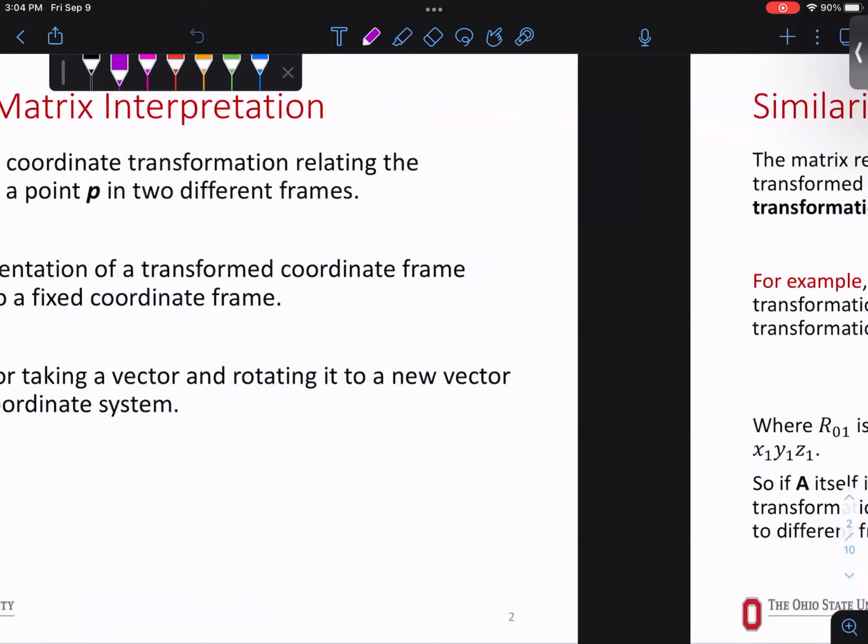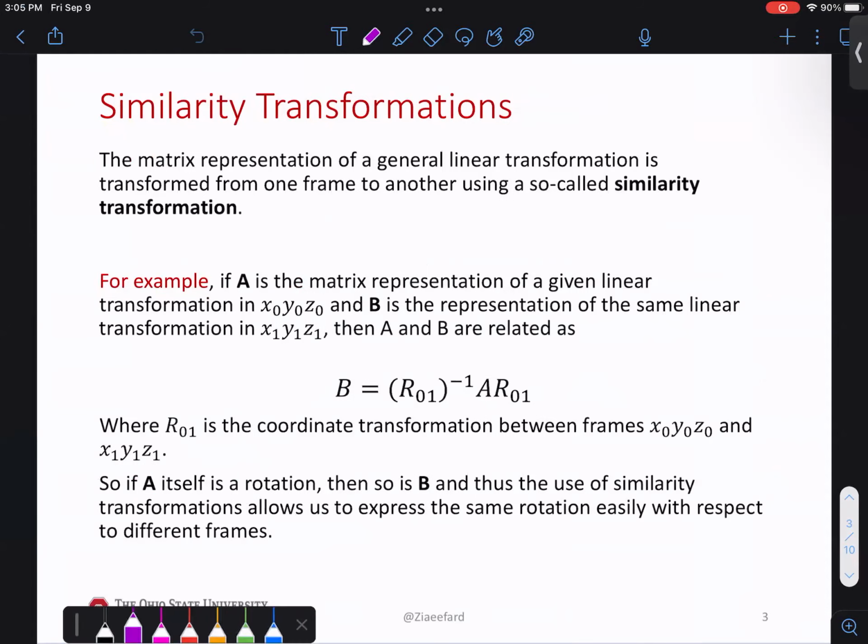Now, the other concept that is interesting and very useful in the use of rotation matrices is called similarity transformation. It basically means that if you have a linear transformation in one frame, and you want to know what that transformation is in another frame, you can use a similarity matrix, because the transformation is the same, it is similar.